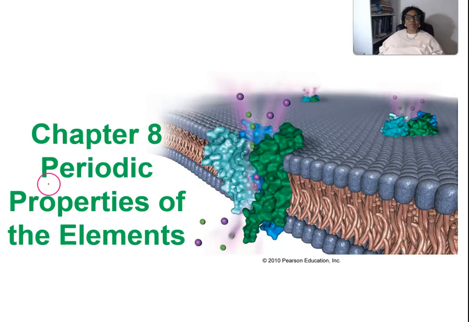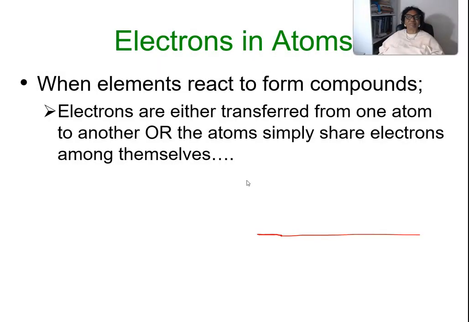Today we are going to study periodic properties of the elements. Electrons in atoms. When elements react to form compounds, electrons are either transferred from one atom to another, or the atoms simply share electrons among themselves.